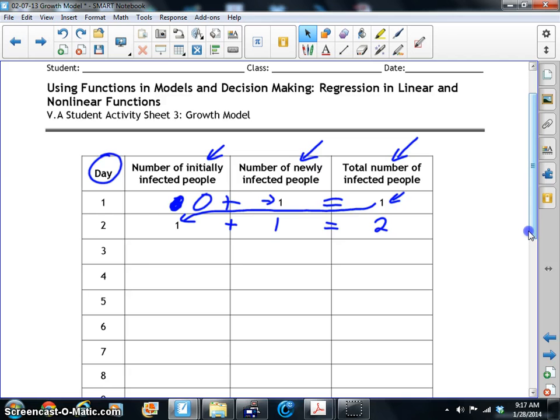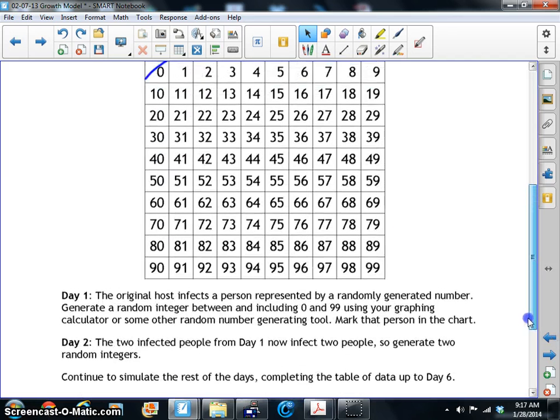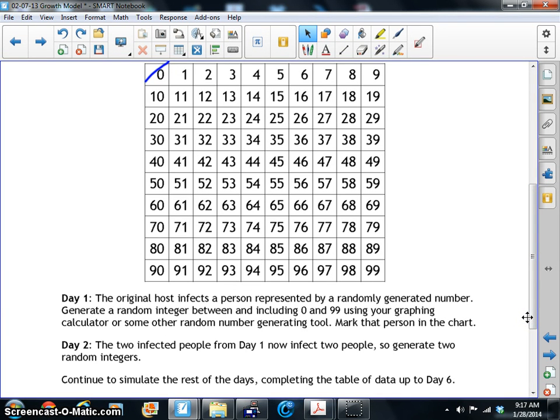Now, there's a couple of rules I need to make sure we understand. Number one, the original person is going to start infecting people. If someone's infected already, they cannot reinfect someone. If someone's already a zombie, they cannot become a zombie again.